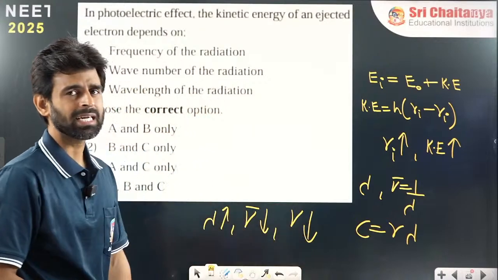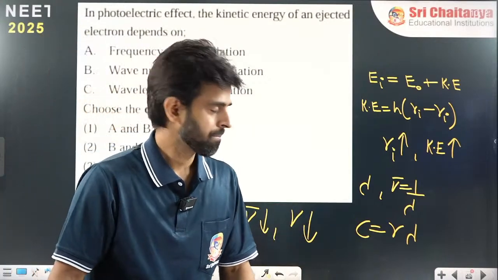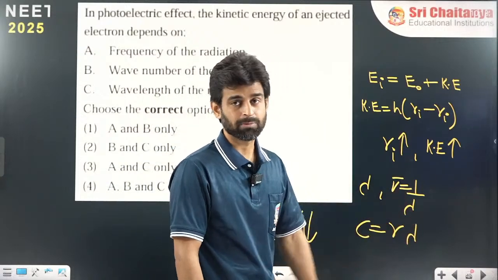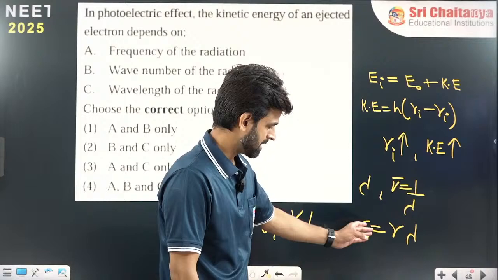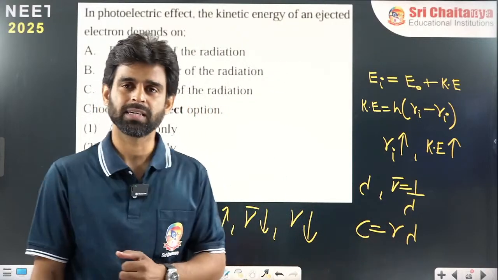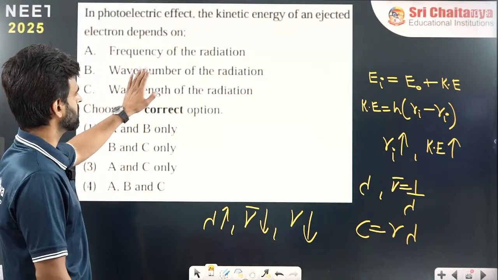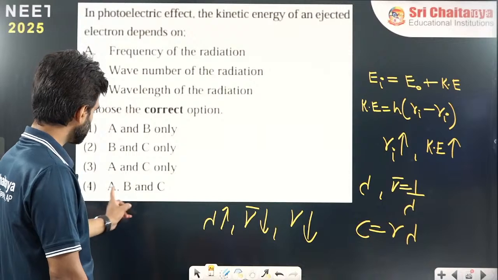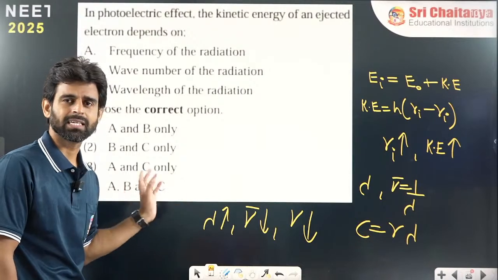So all three are connected to each other. Wave number and lambda are reciprocal of each other, and wavelength and frequency are also inversely related, right? So wave number or wavelength, everything can affect the kinetic energy.